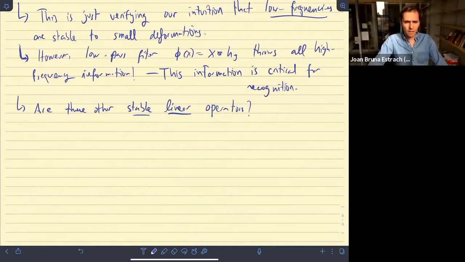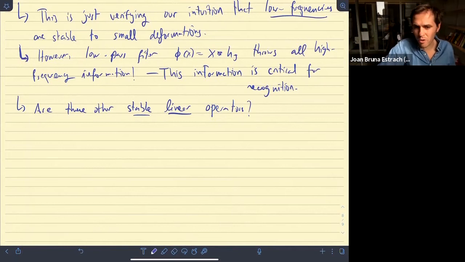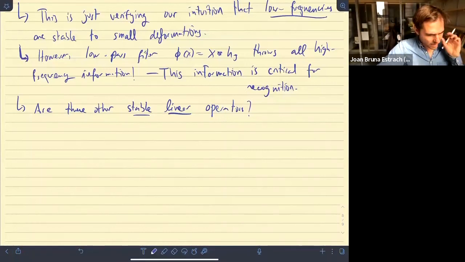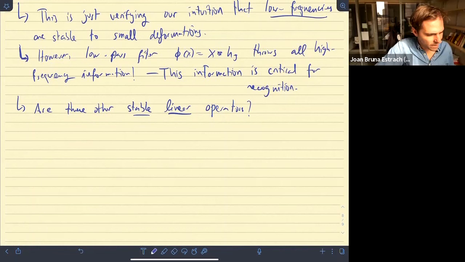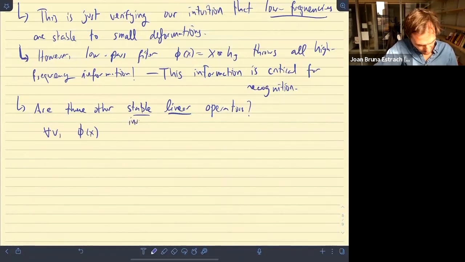Well, here I'm going to give you a slightly hand-wavy argument that there are no more, that there's nothing else out there that is stable and linear. Again, hand-waving a little bit, I can say, well, if I know that for all v, phi of v is stable, or in particular invariant.